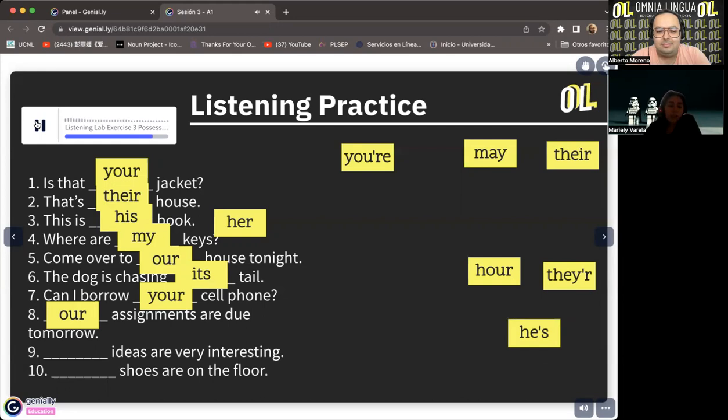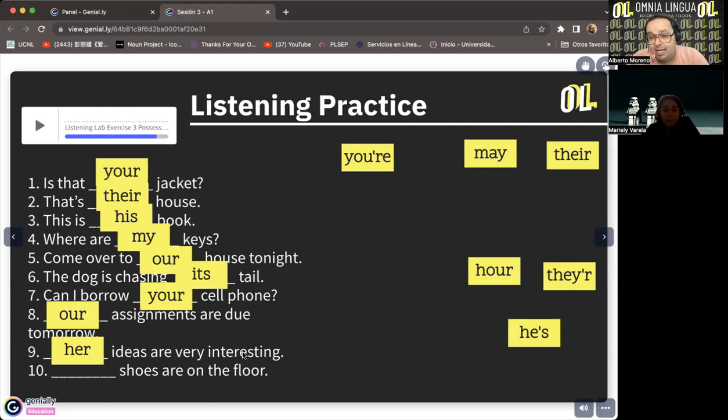9. Her ideas are very interesting. Her ideas. Her ideas are very interesting. Acuérdate, ya te han mencionado. Vamos a omitir la E que está entre la T y la R. Interesting.